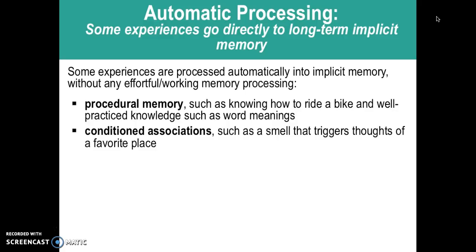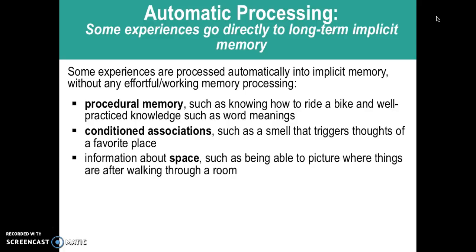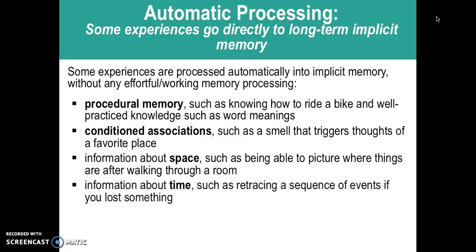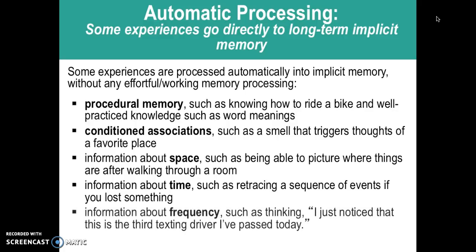For those of us who have been driving our cars for a long period of time, it kind of is, how do you start your car? How do you back up? How do you park? That kind of a thing. Those become implicit memories.